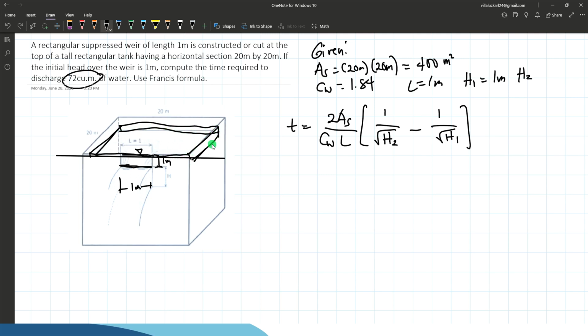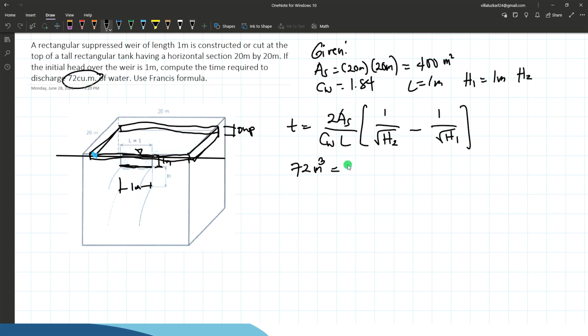So in order for us to determine that drop, we'll just find the volume of this rectangular prism, this imaginary volume, or the volume that is discharged or spilled after 72 cubic meters.